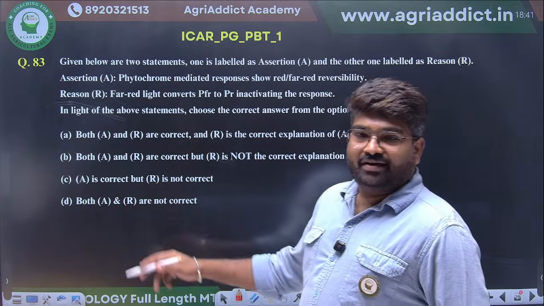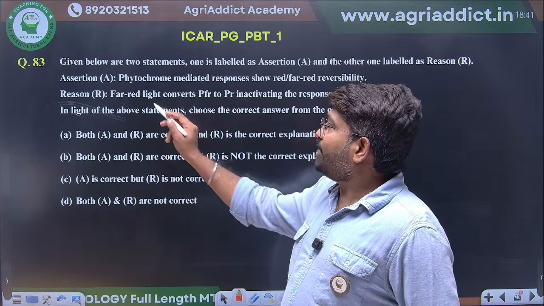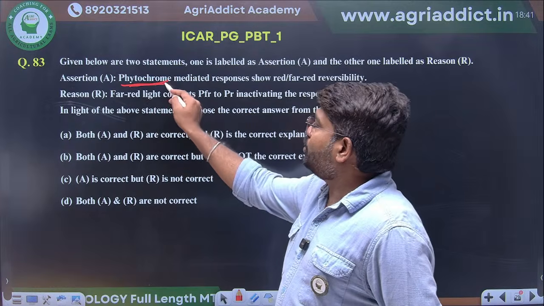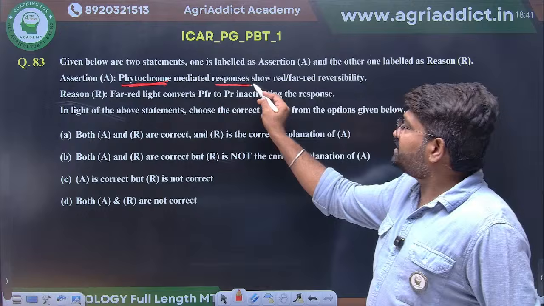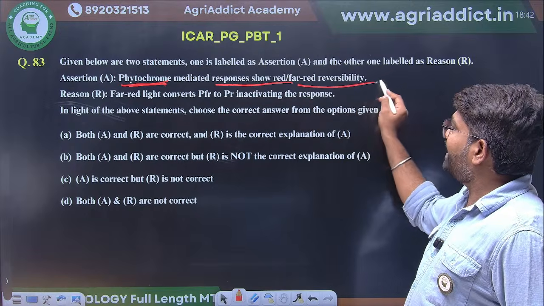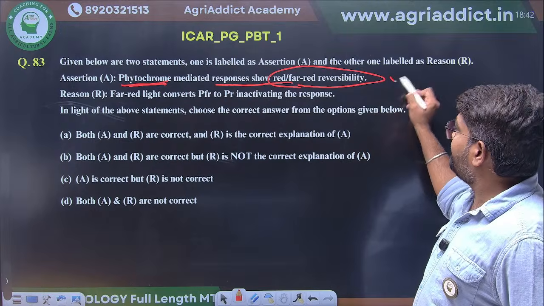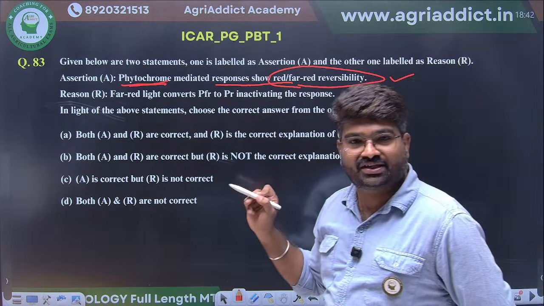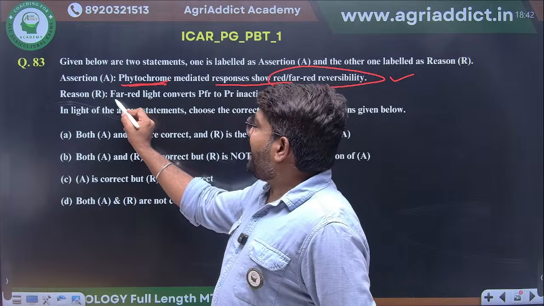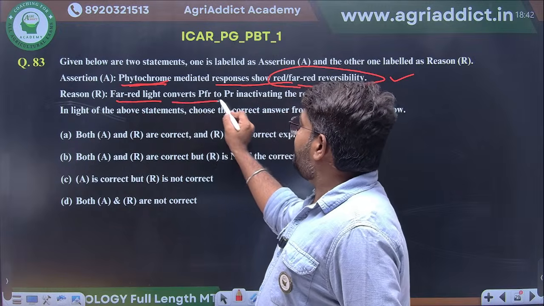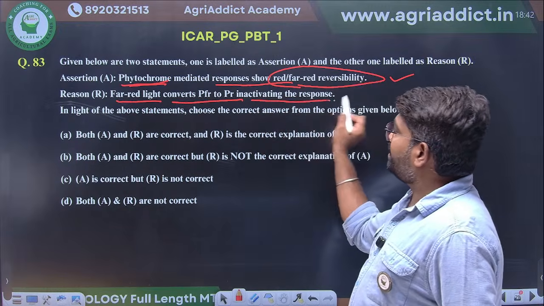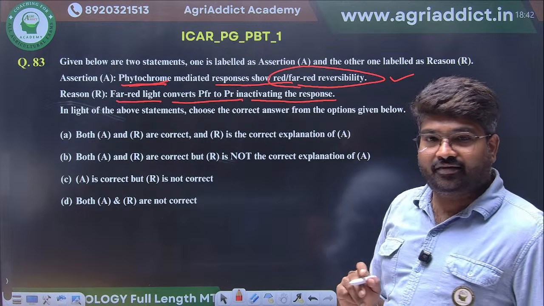This we have already seen in yesterday's lecture about phytochromes. Phytochromes mediate responses and show red and far red reversibility. Yes, this is right. Far red light converts PFR to PR, inactivating the response.